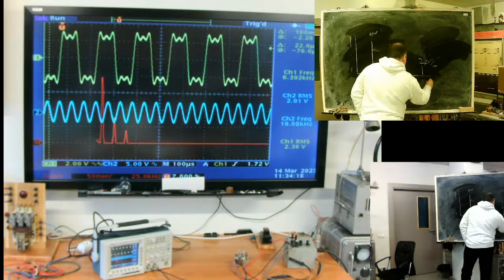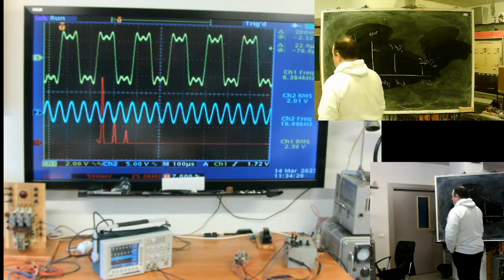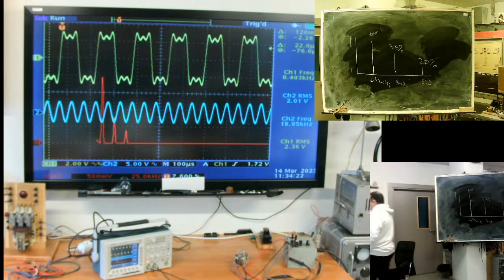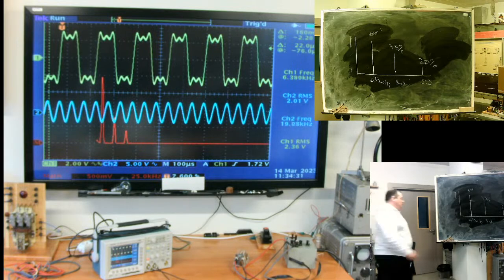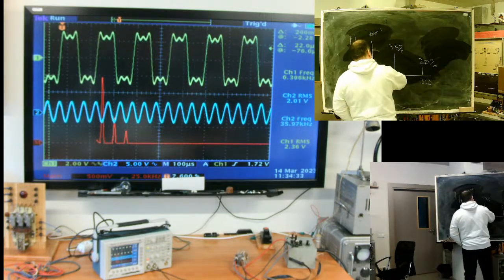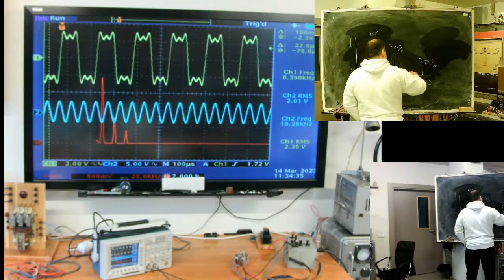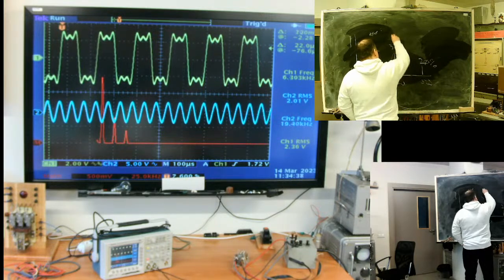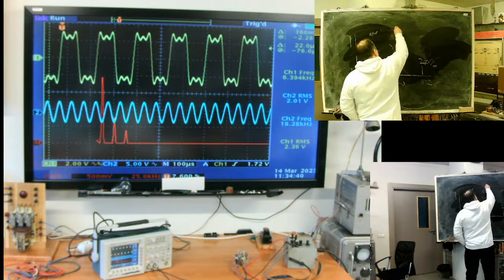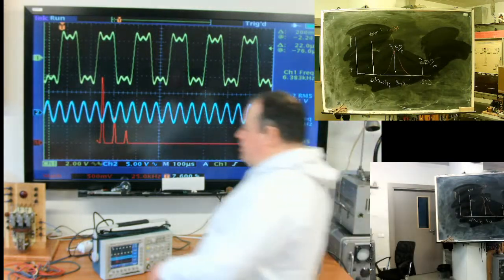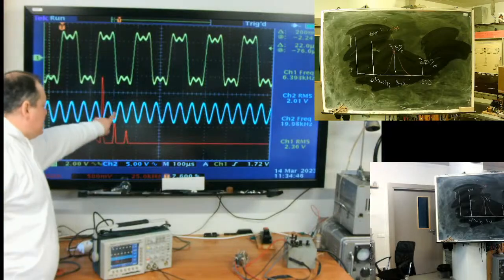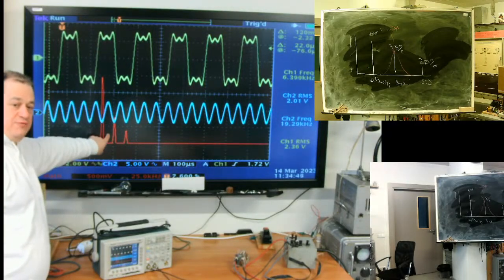Triple. The pass frequency of my network is 19 kilohertz, which corresponds to the triple frequency. That's what we see. So it appears my network separates this line, this frequency.